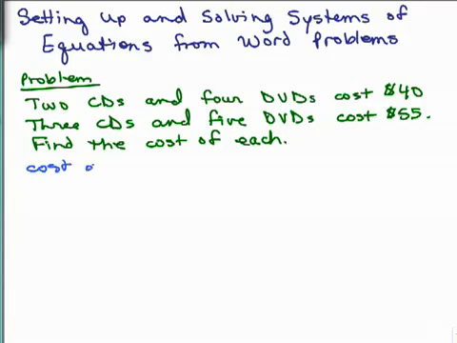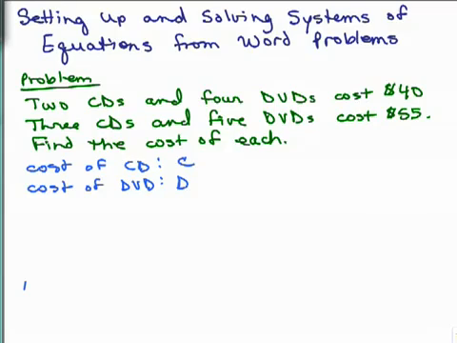The cost of a CD, we can call it X, or I'm going to let it be called C. The reason is, at the end of the problem, that'll remind me C is the cost of the CD. And the cost of a DVD, I'll let that be called D. So what do we have?